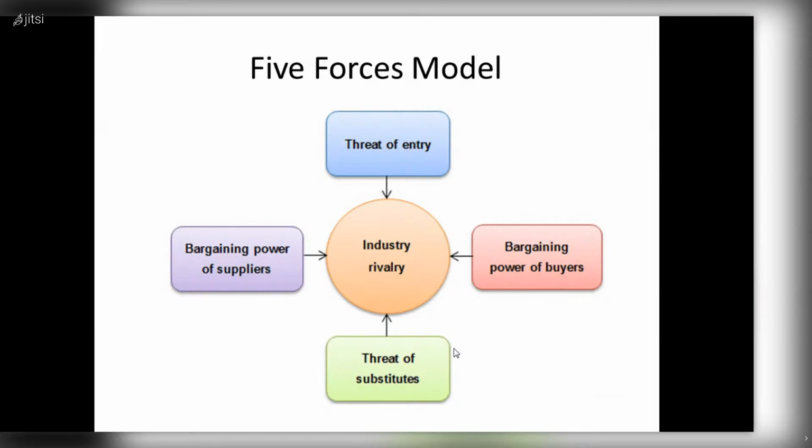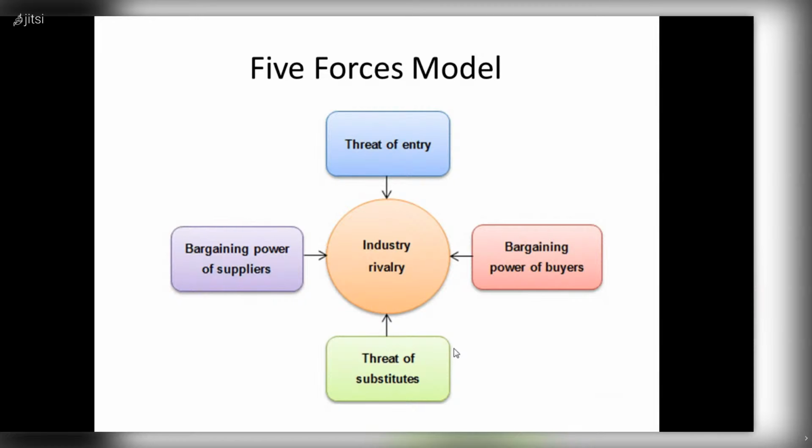Porter's five forces model is an analysis tool that uses five industry forces to determine the intensity of competition and its profitability level.